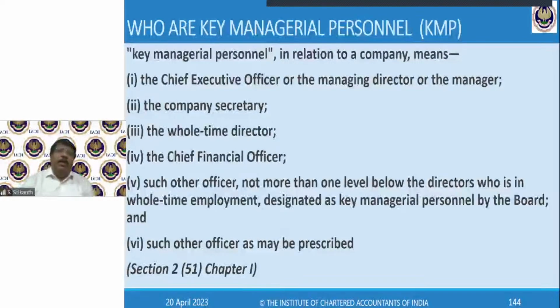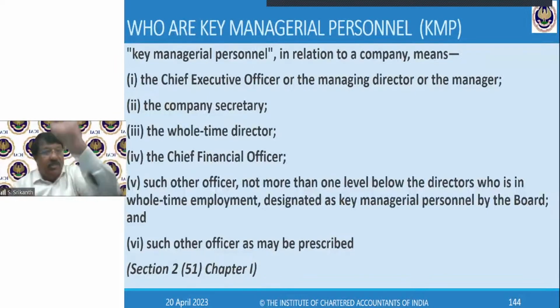Okay, key managerial personnel. Our friend Anuja Avasti was asking, and the same question is coming here. Key managerial personnel means chief executive officer or MD or manager. Already Anuja asked me and I gave her the difference between CEO and managing director. CEO and manager are not directors, whereas a managing director is a director.